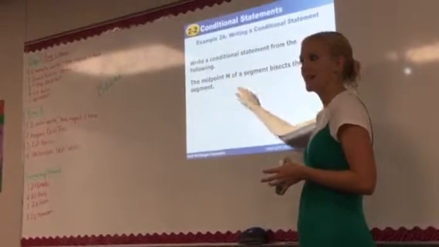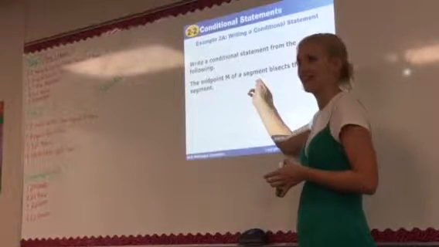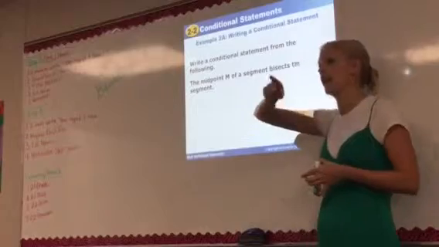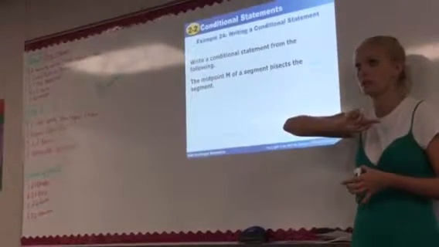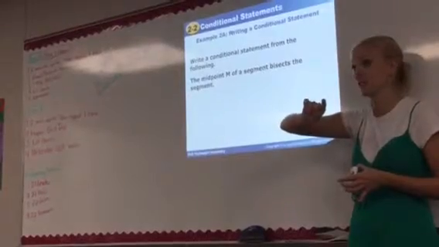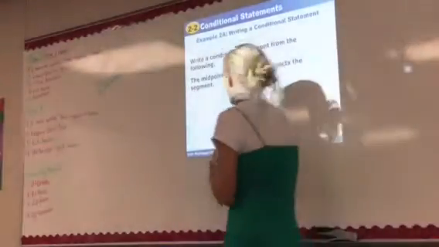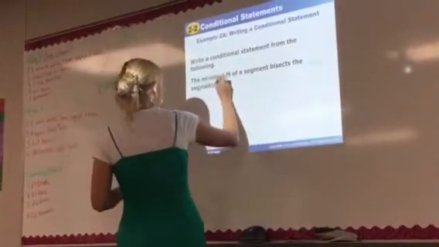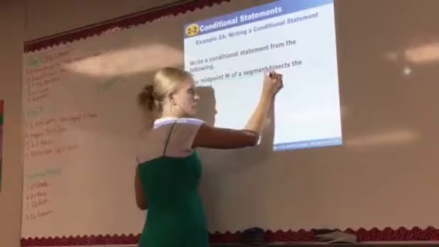It's the middle. Then it bisects. If it was worded, if a point bisects, then we know it's the midpoint, but that's not how the question's worded. This is our hypothesis, and this is our conclusion.